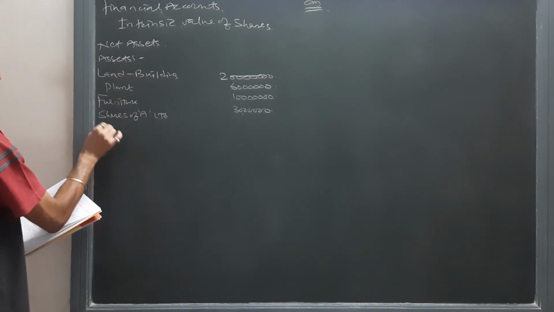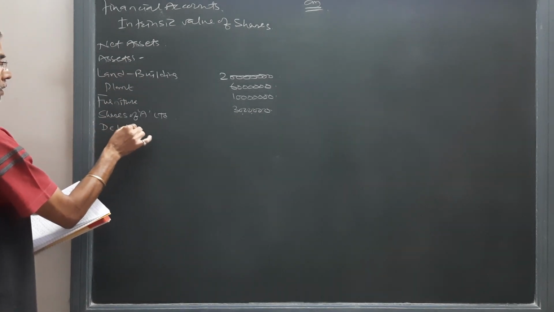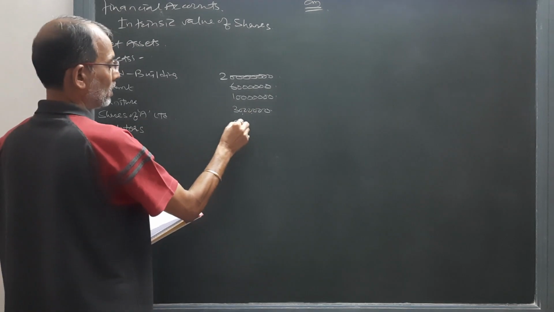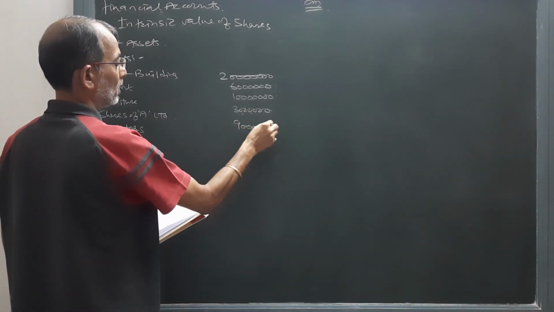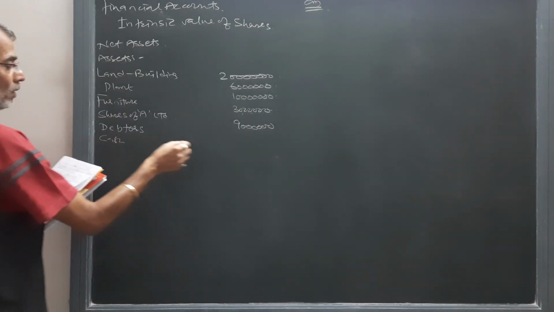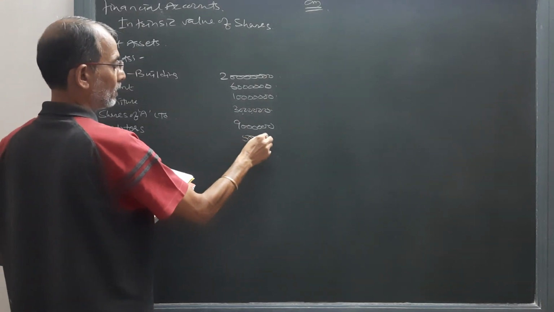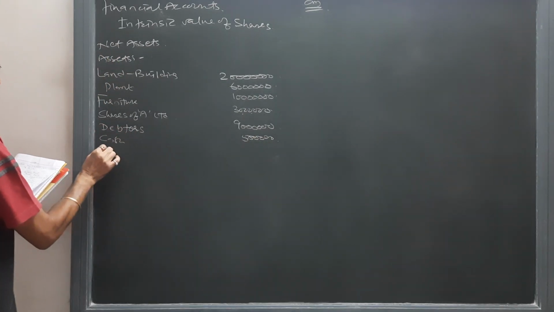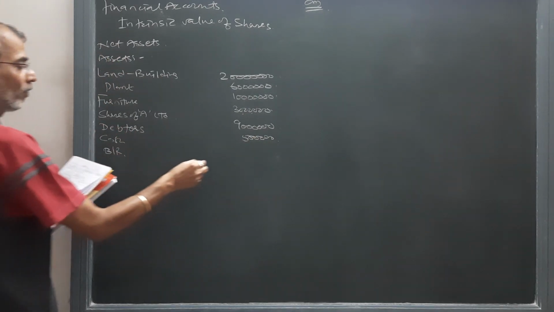Debtors 90 lakh. Cash 5 lakh. And bills receivable 15 lakh.